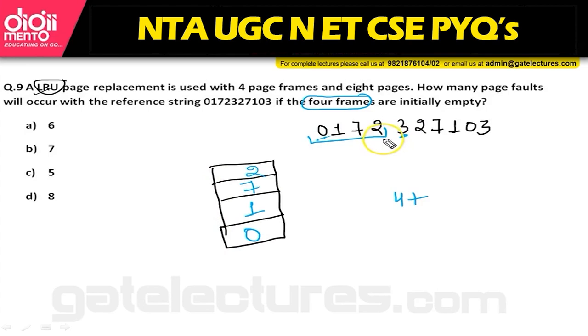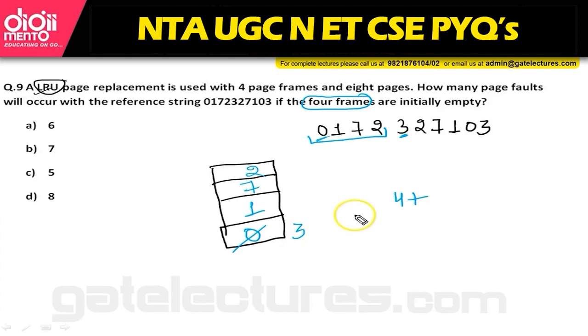Which one is least recently used? 2 is recently referred, 7 is recently referred, 1 too. 0 is far away from 3. It was first referred, but very long ago. So I will replace this one.